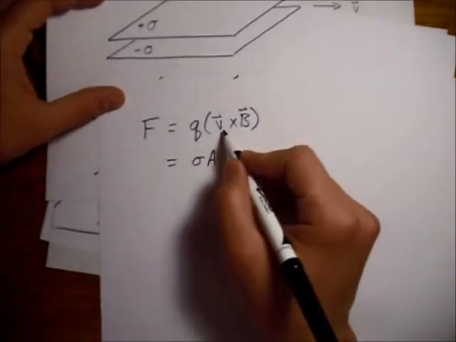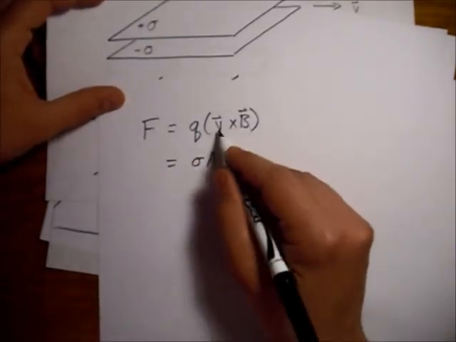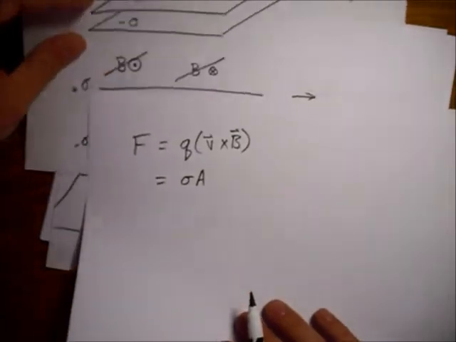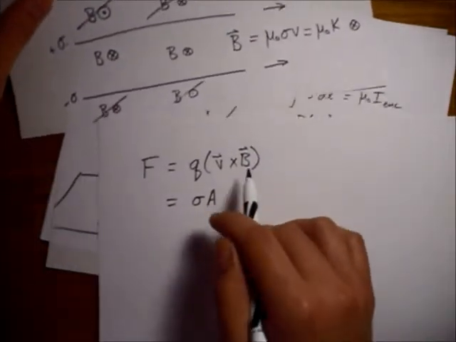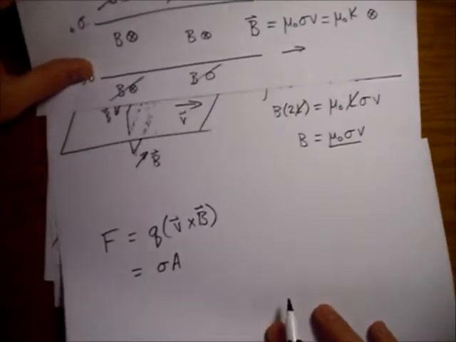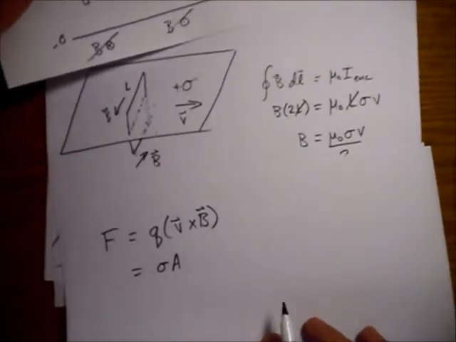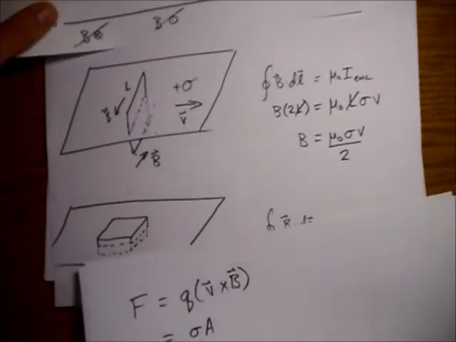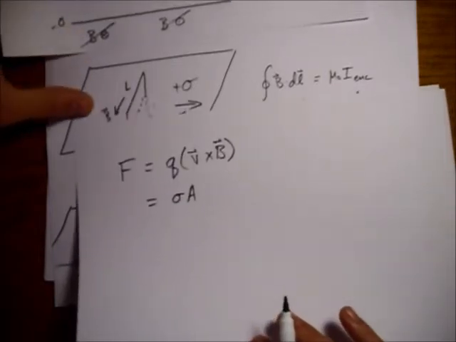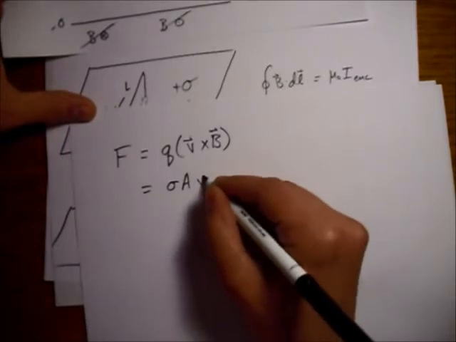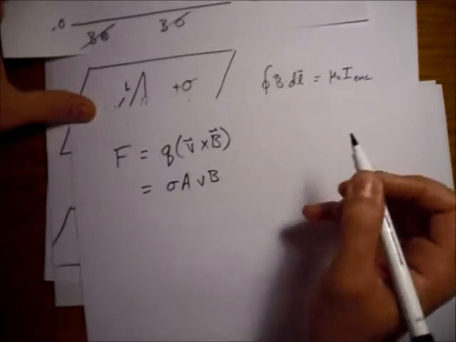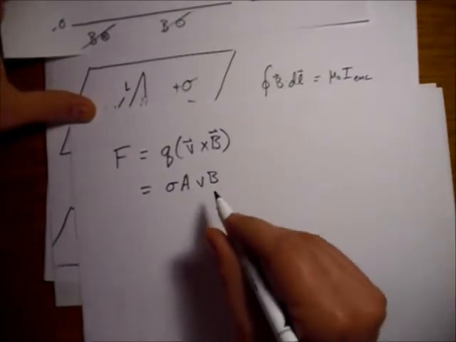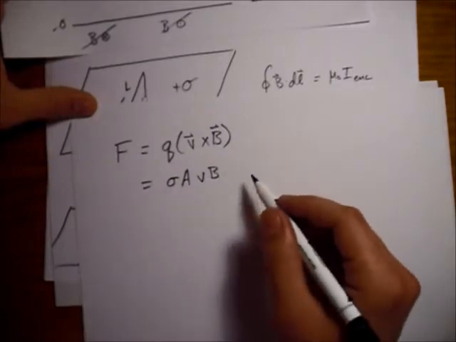So, all right, so we need V. Let's just double check really quick. This cross product, they are perpendicular to each other, so we won't get any sine of theta or anything in there. So we know we're just going to get V, B, just the magnitudes of the two. But what direction is it going to be in?